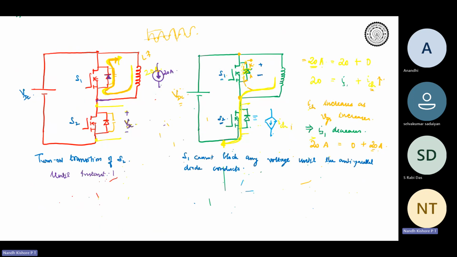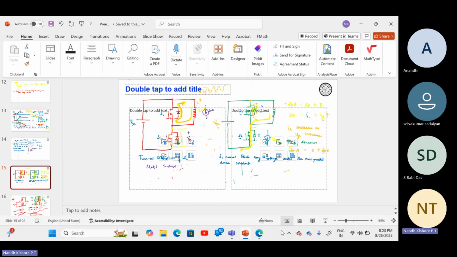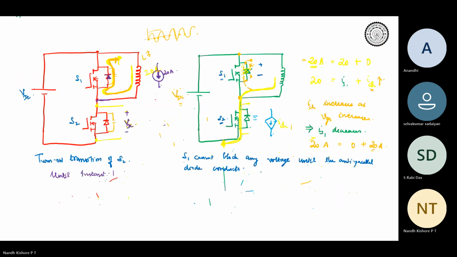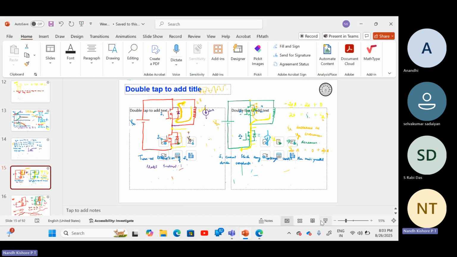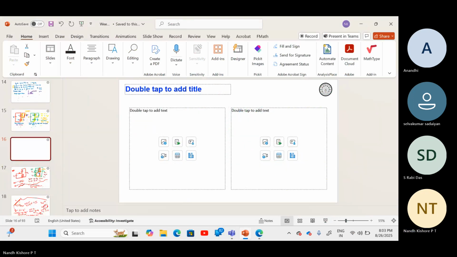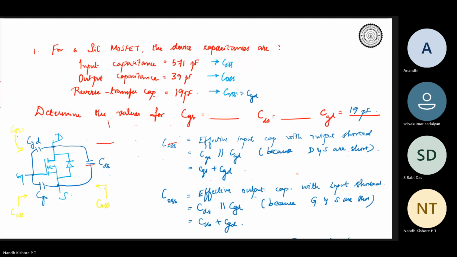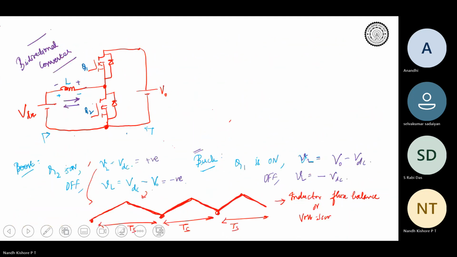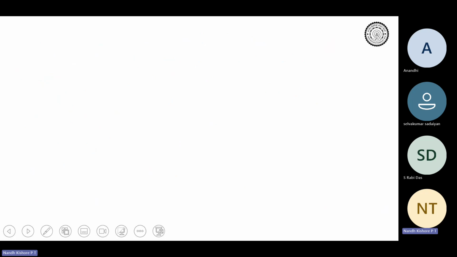Now let us go back to the capacitance model that we were drawing. Let me take a new slide.